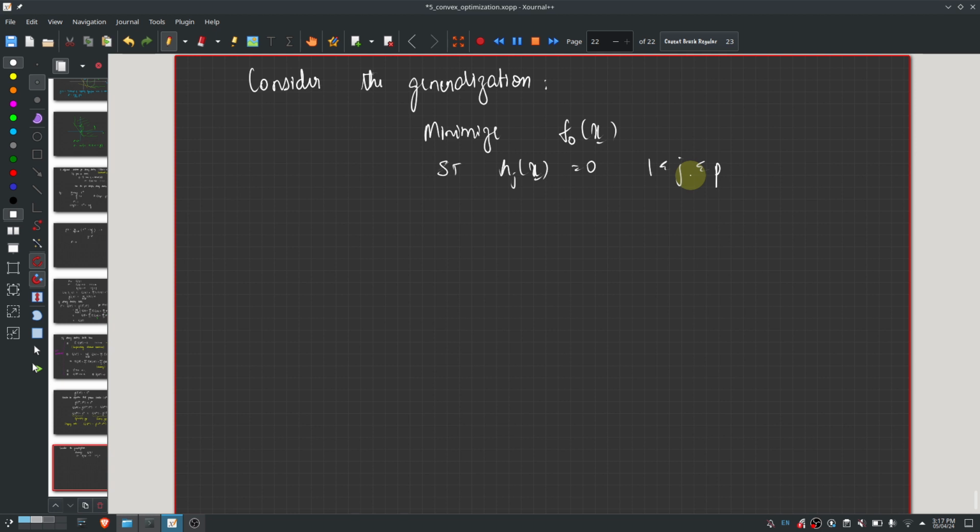So you still have p equality constraints. But in general, your inequality constraints fi of x may not be real valued inequality constraints. In the sense that each fi need not be a function from Rn to R. It could be a function from Rn to some Rk. And I could have some generalized inequality fi less than or equal to 0.